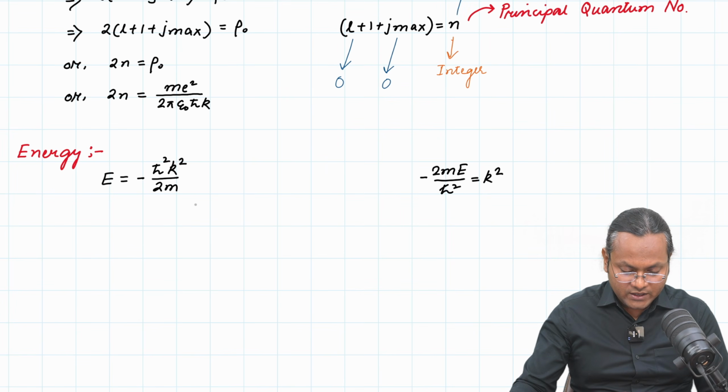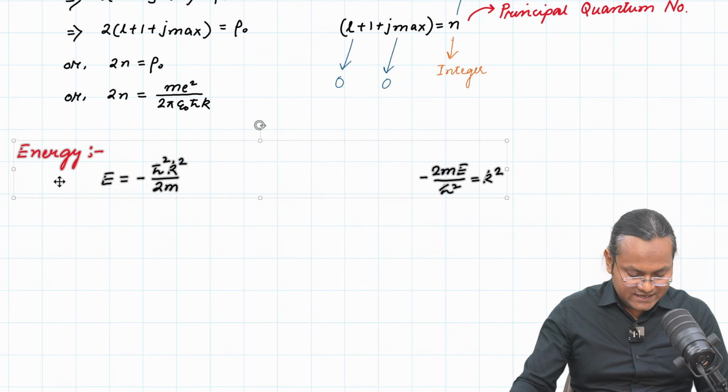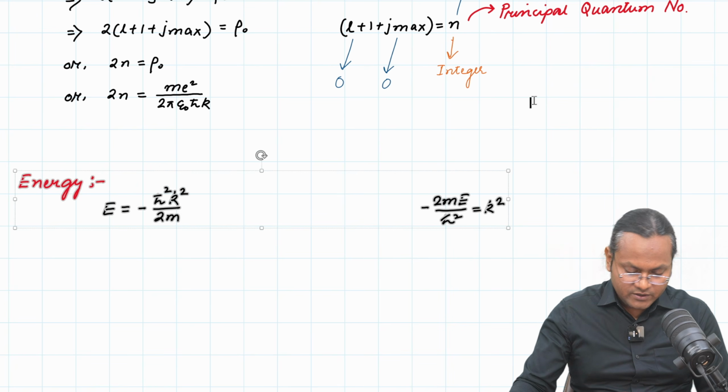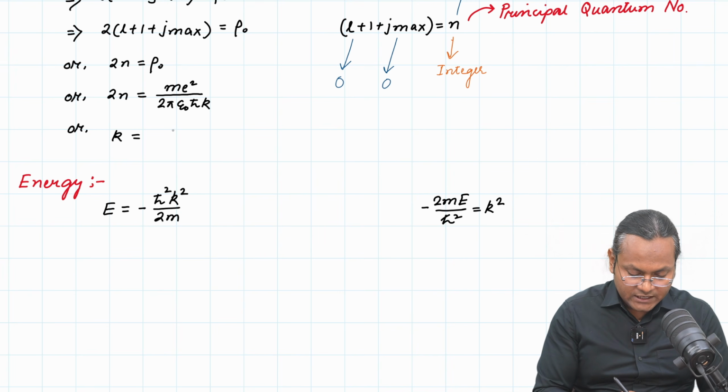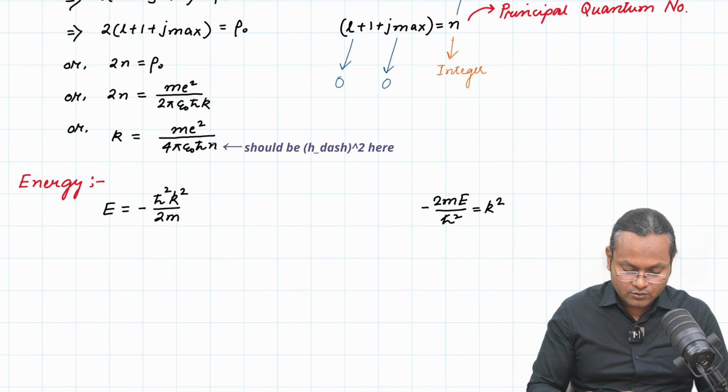From here, we can obtain the necessary relationship. So let me write down this in terms of k. So k is basically equal to m e square upon 4 pi epsilon naught h cross n. Okay, let's use this here.